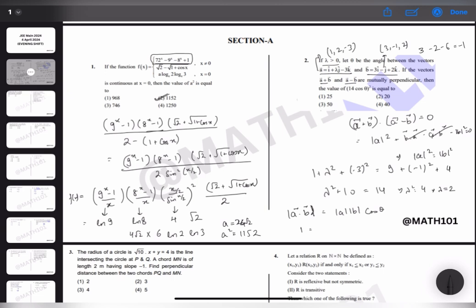Equals mod A, which is equal to mod B. So mod A square is equal to 14 and cos theta.